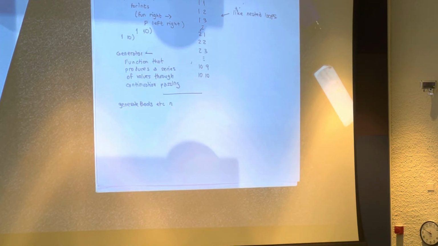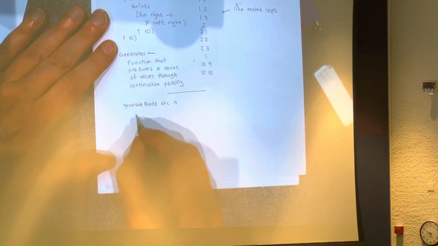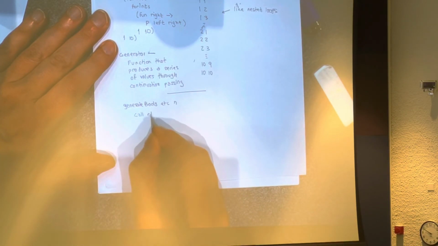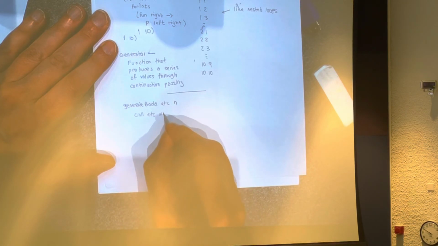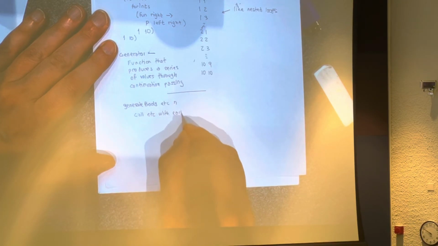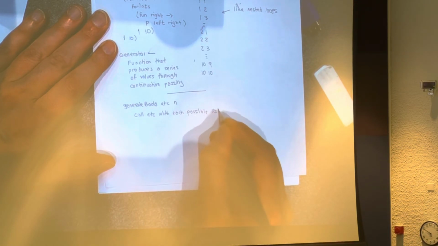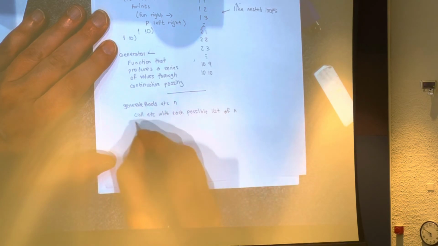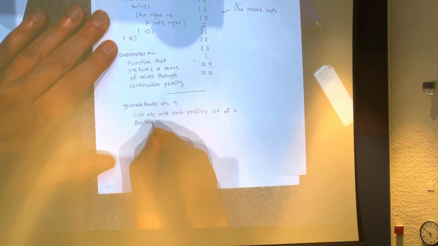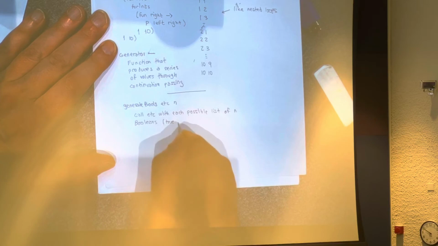I probably won't have time to write it today, but I will write it tomorrow. Okay, what do I want it to do? Well, it will call our continuation, etc, with each possible list of n booleans, true or false.